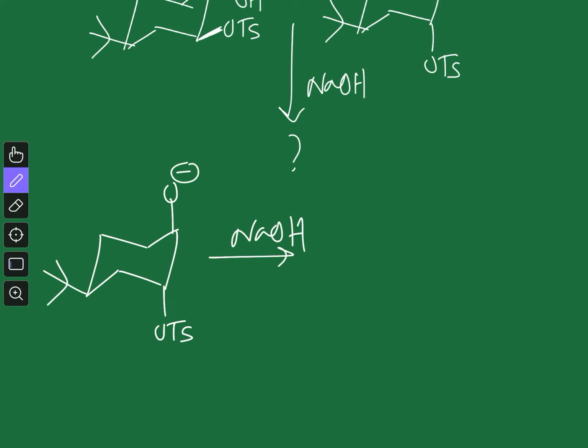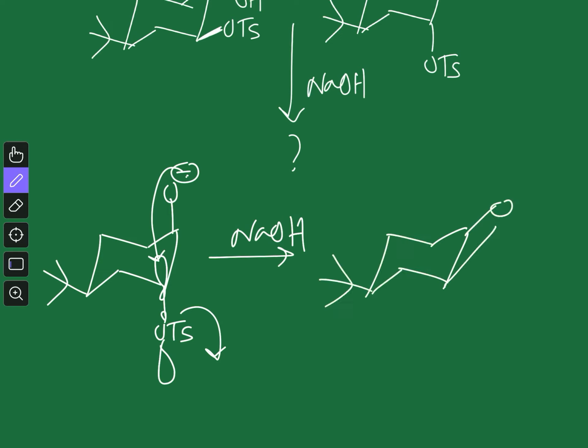Now if you consider the sigma star of this bond, you can see there is no such anti-parallel bonds, but this oxygen O minus is perfectly oriented so that it can do a backside attack that can kick off this OTS group. So in this case the product we will get is the epoxide, like this. So when we have both OH and OTS axial, we will get the epoxide.